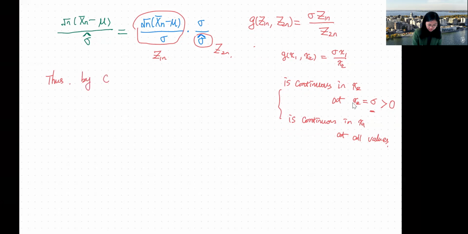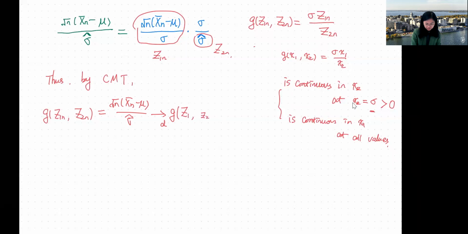Thus, by the continuous mapping theorem, g of Z1n, Z2n, which is the quantity we are interested in, converges in distribution to g of Z1 and little z2, where Z1 is a standard normal and little z2 is sigma.